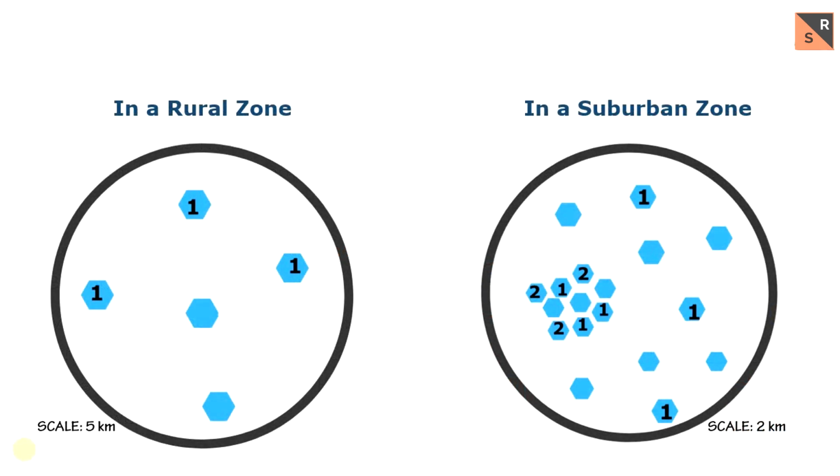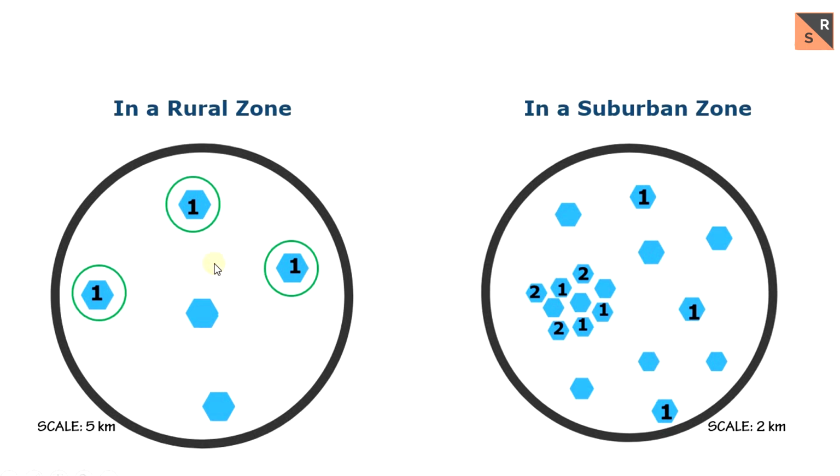Let's get back to the grid of base stations over the territory. Here, we have an example around the city. The scale is 5 kilometers. When there is a 1, that means that there is one base station, and we can see that the base stations are relatively regularly placed to provide coverage.